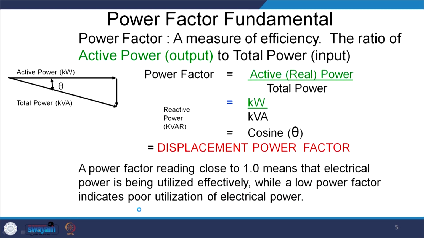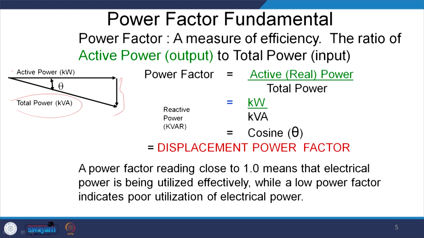So, you know all, that this is the active power, in kilowatt, and this is the reactive power, and ultimately you will be charged based on the kVA, not the active power. Thus, if you reduce this hypotenuse, this perpendicular, then you will be paid only for active power. So, it makes sense to reduce this component.